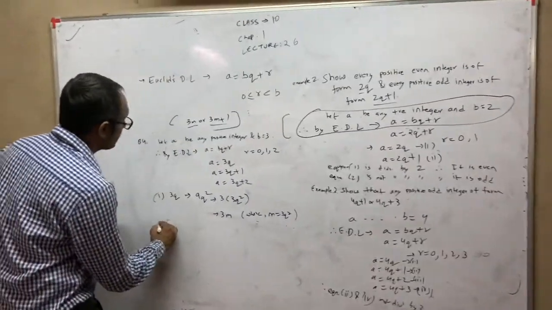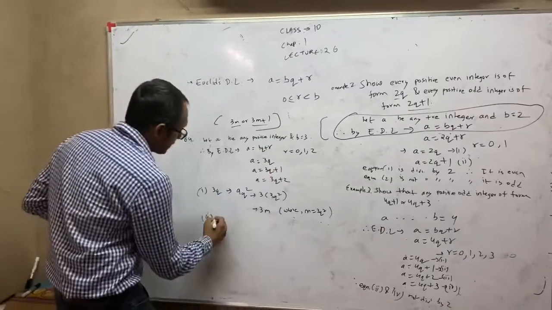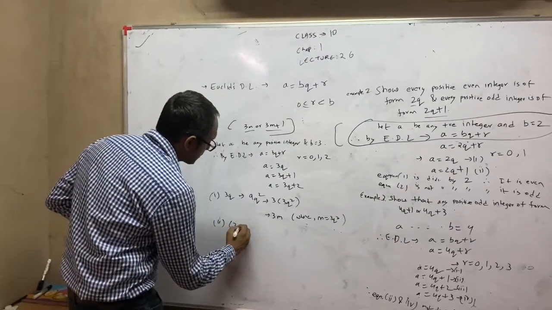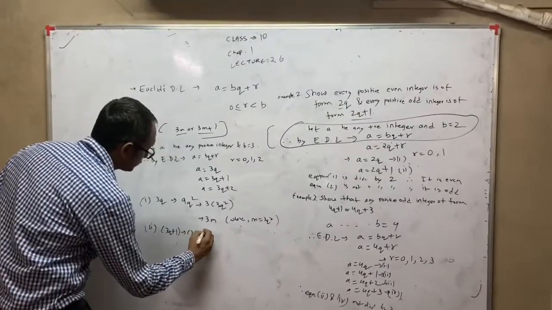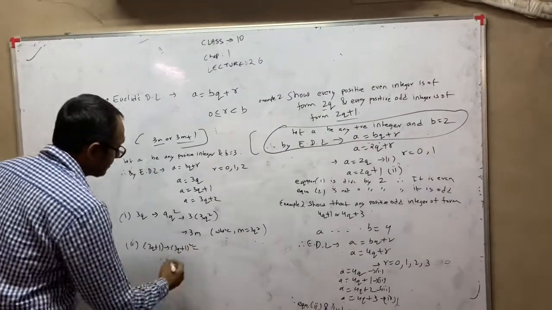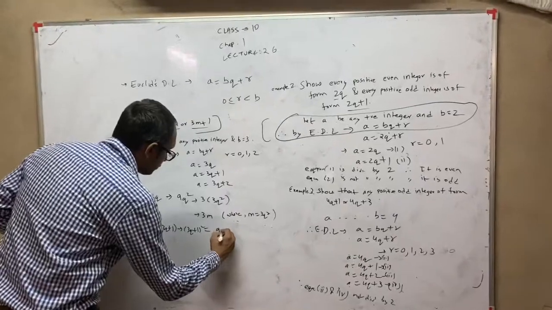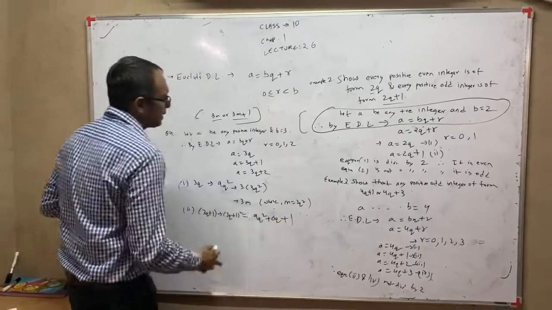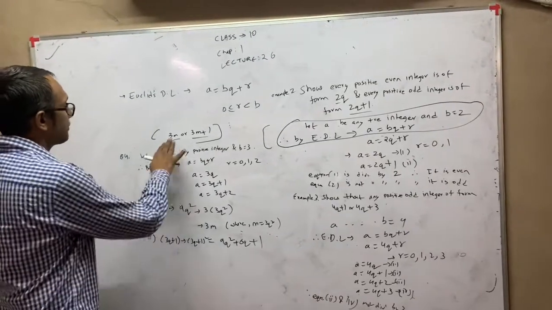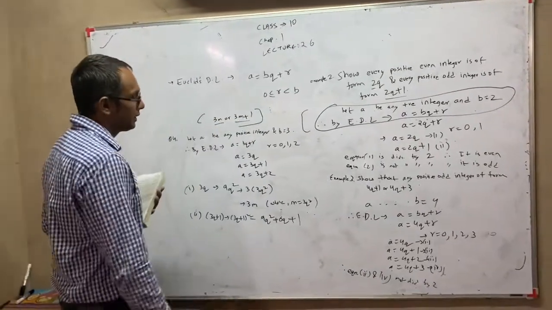Similarly, now the second one, 3q plus 1. Now squaring 3q plus 1, as you can see, this is a plus b whole square. So 9q square plus 6q plus 1. Again I want to represent it either in the form of 3m or 3m plus 1.